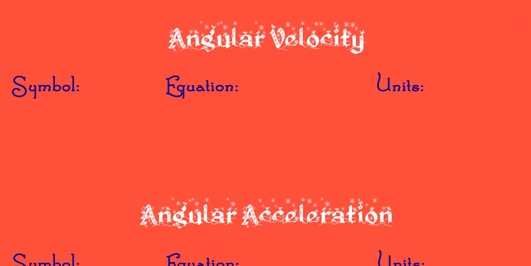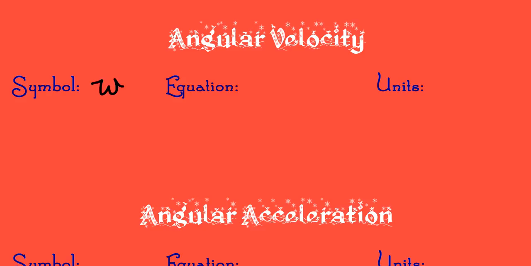Moving on to angular velocity. We learned linear velocity is the rate at which something moves, or the rate of change of an object's position. It's the exact same thing here. Angular velocity is the rate of change of an object's angular position. The symbol we use for angular velocity is a lowercase omega.